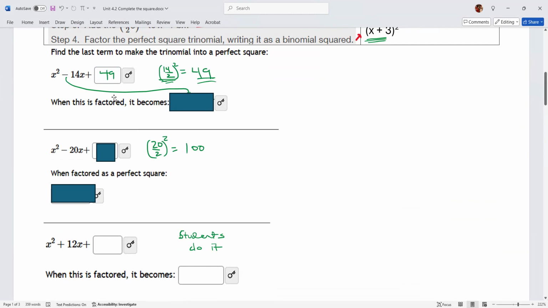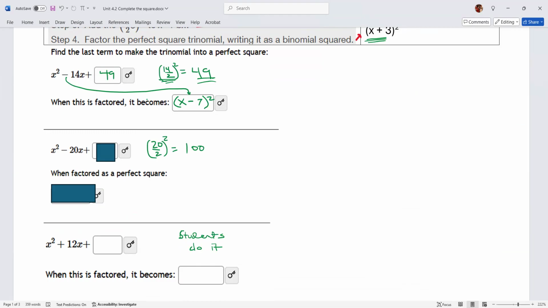Okay, so in their homework, you type in 49, and then they ask, if you write this in factored form, what is this? Well, x squared minus 14x plus 49 is a perfect square trinomial. If you were to factor this, it would be x minus 7 times x minus 7.